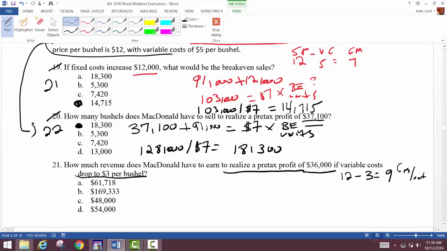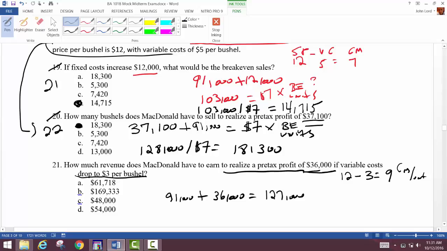And now I'm going to pick up my fixed cost of 91,000 plus my profit of 36,000. 91 plus 36 is, anybody got a number there? I got it. 127,000. Thank you.